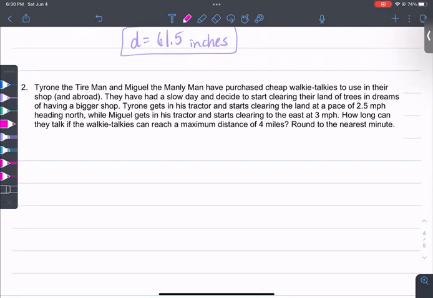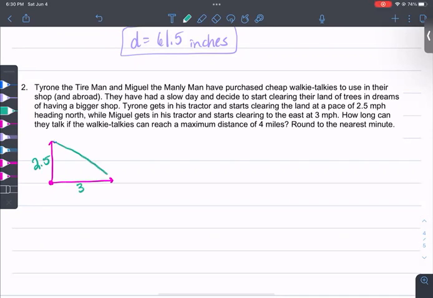So they've got some starting point. One of them is heading north and one of them is heading east. And it says Tyrone is heading north at a pace of 2.5. Miguel is heading east at a pace of 3.